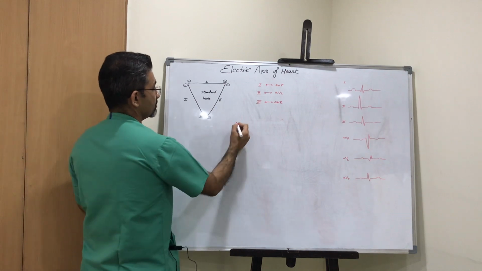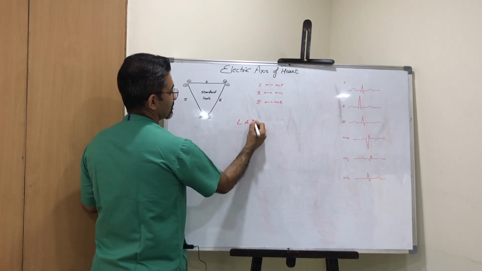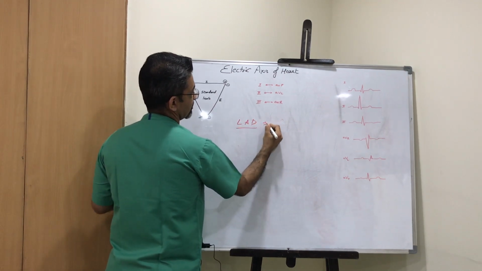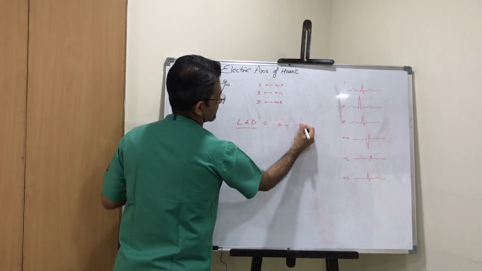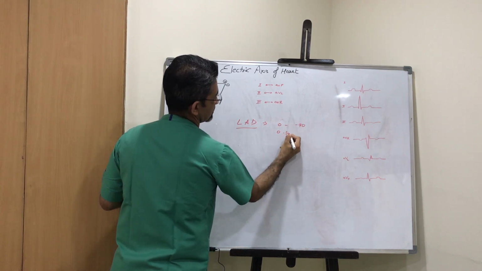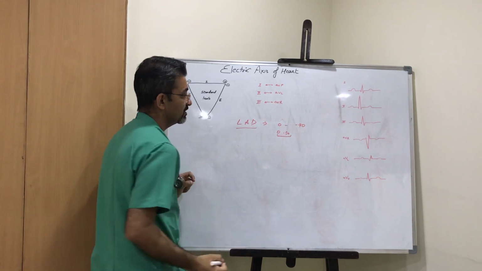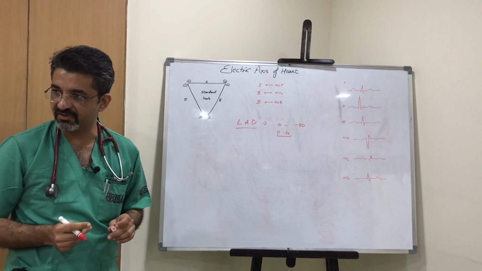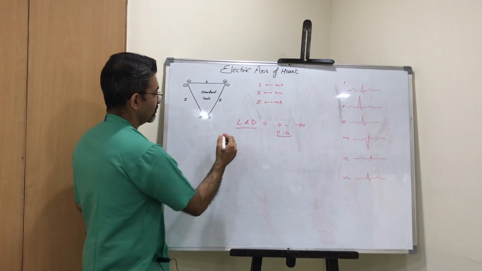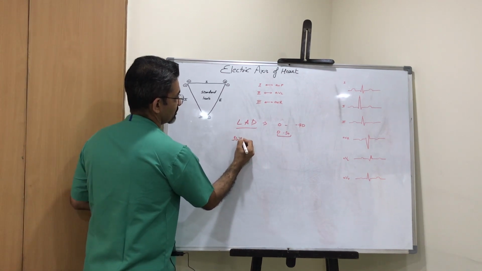Now we come to left axis deviation. By left axis deviation, I mean anything from 0 to minus 90 degrees. 0 to minus 30 is mild left axis deviation, and minus 30 to minus 90 is moderate to severe left axis deviation. So what are the causes? First is inferior wall MI.